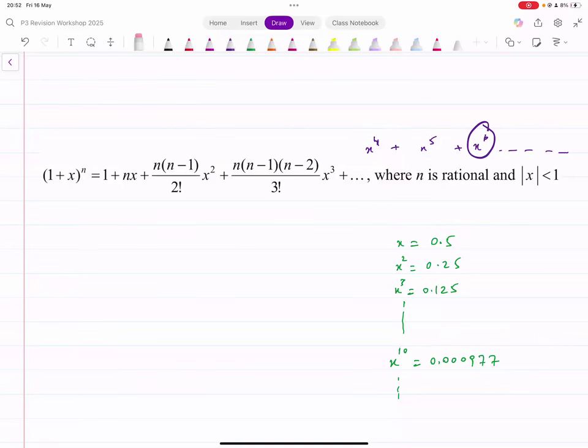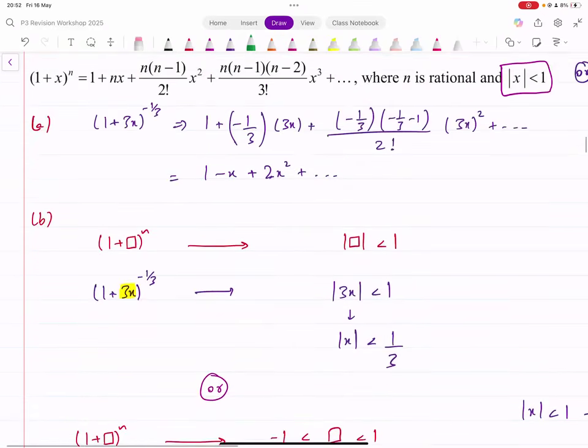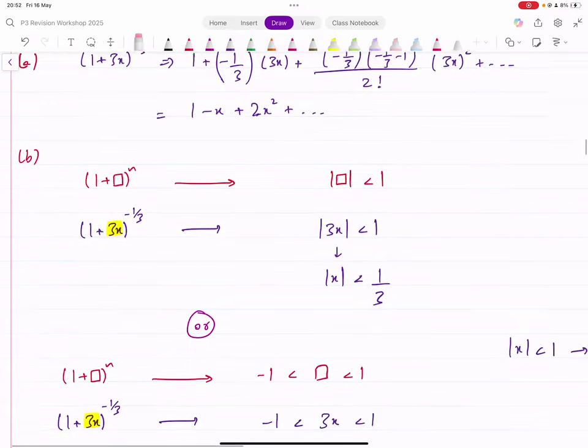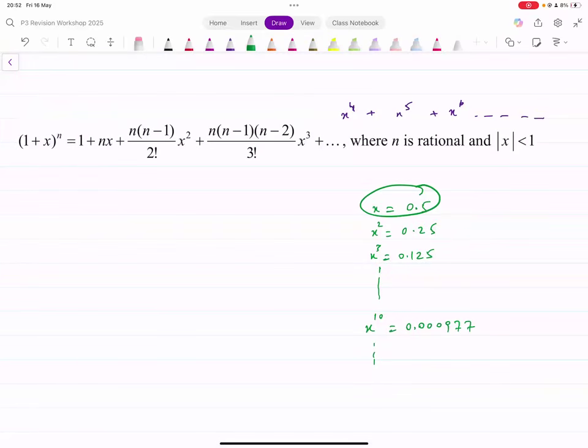Why are we not writing all of those terms? How can we just expand the first few terms and say, okay, this is the expansion of this, when there are infinitely many terms that we're not writing, x power 4, 5, 6, 7, all the way up to infinity? Why can we ignore them? This condition that we've got is what allows us to ignore them, because when x is a value between minus 1 and 1, for example 0.5, if we take powers of a number that's less than 1, those numbers get smaller and smaller.